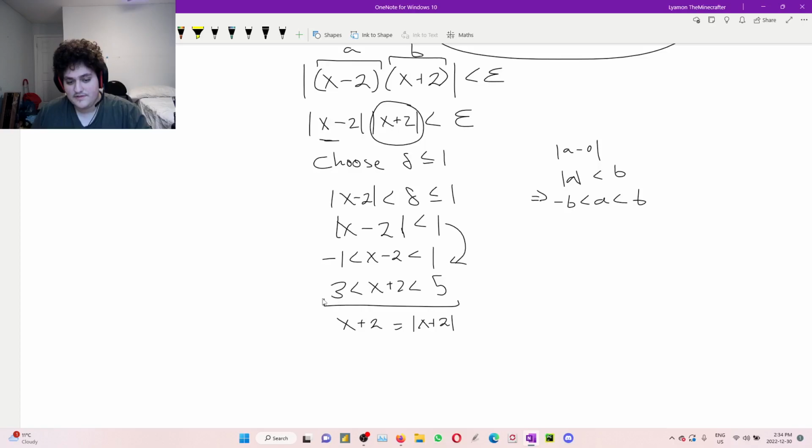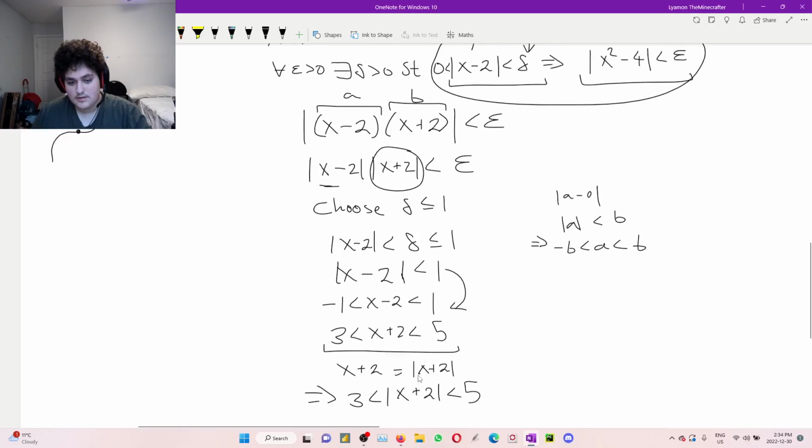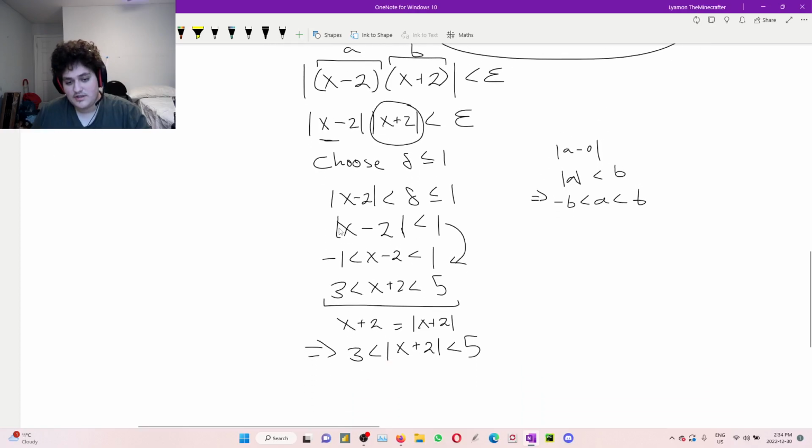So if this is true, that implies that this should also be true, right? That makes sense? We're just being like, if this is true, then this is true, then this is true, and this is true, right?